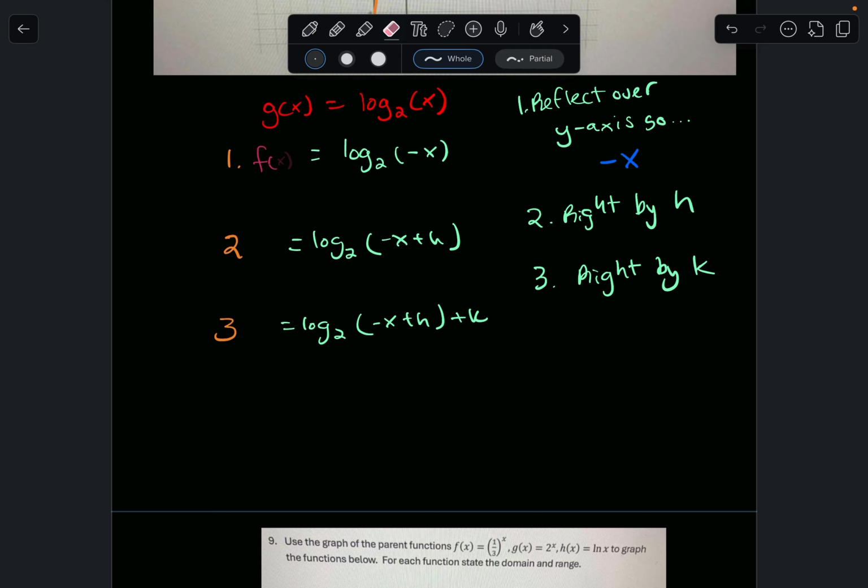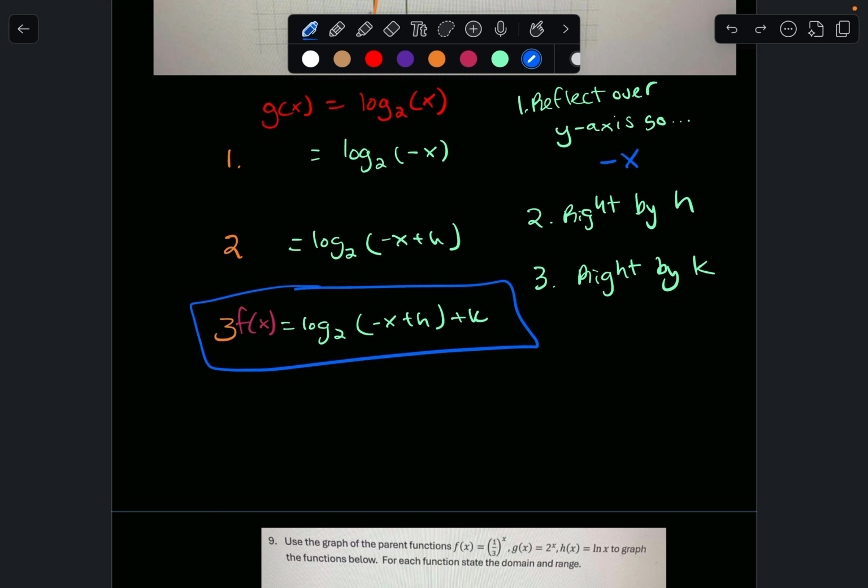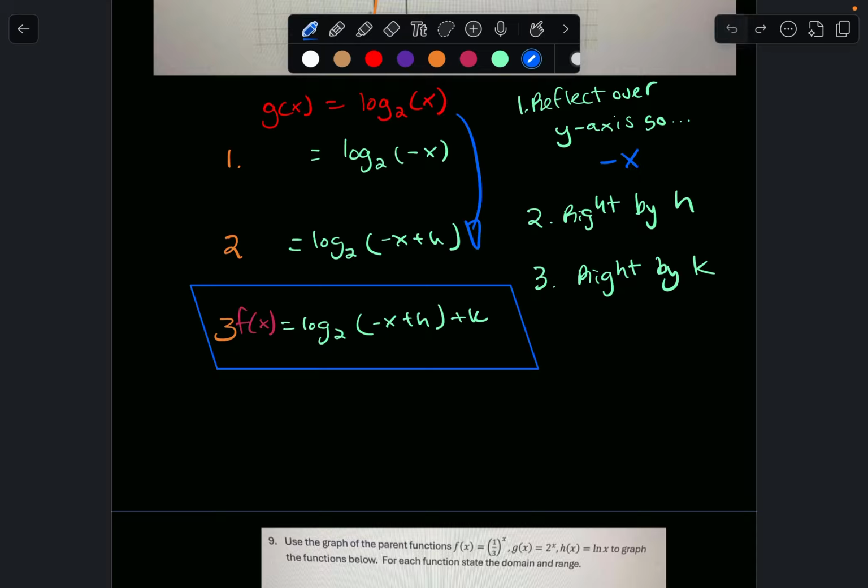I guess only the last one technically is, because that's what we're left with. I think that would be a suitable answer. Let's do this in a different color. That should be a suitable answer for f of x, because it's the transformations of g of x. So we transform this, that gives us that transform.